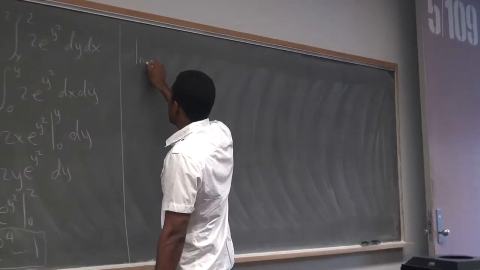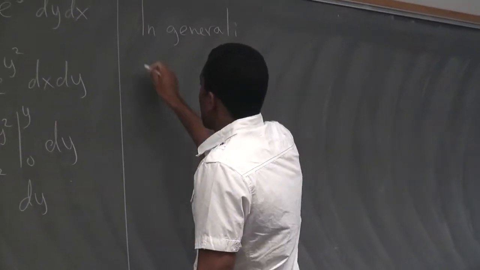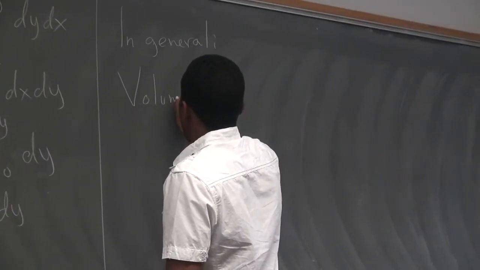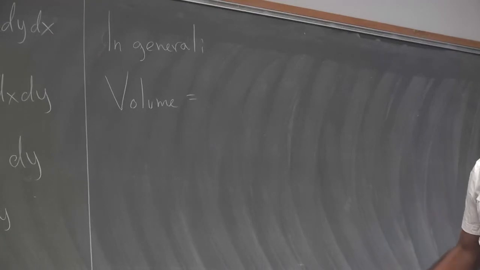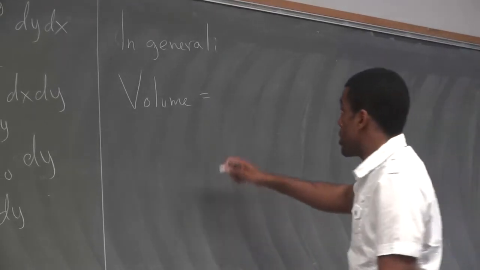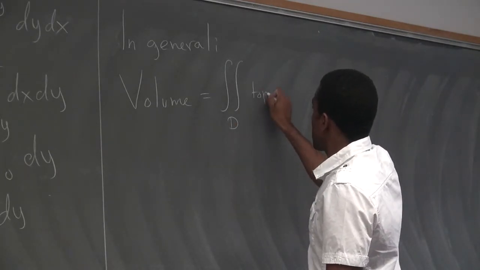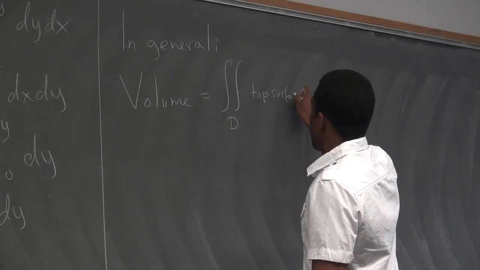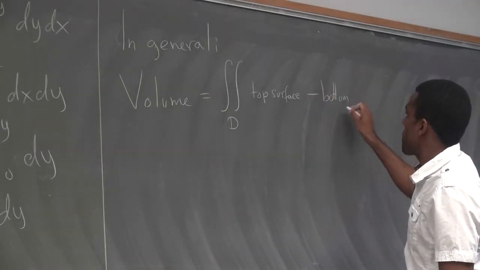I don't know if I wrote this in general. In general, we can think of the volume similar to how we have area formulas in Calc 2, where we know it's the integral of the top function minus bottom function. There's a similar thing here. The volume in general is top surface minus bottom surface.